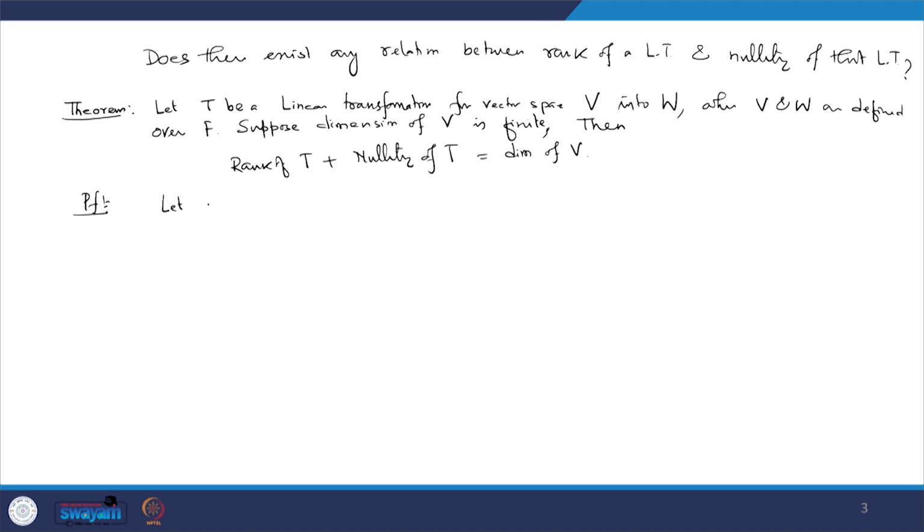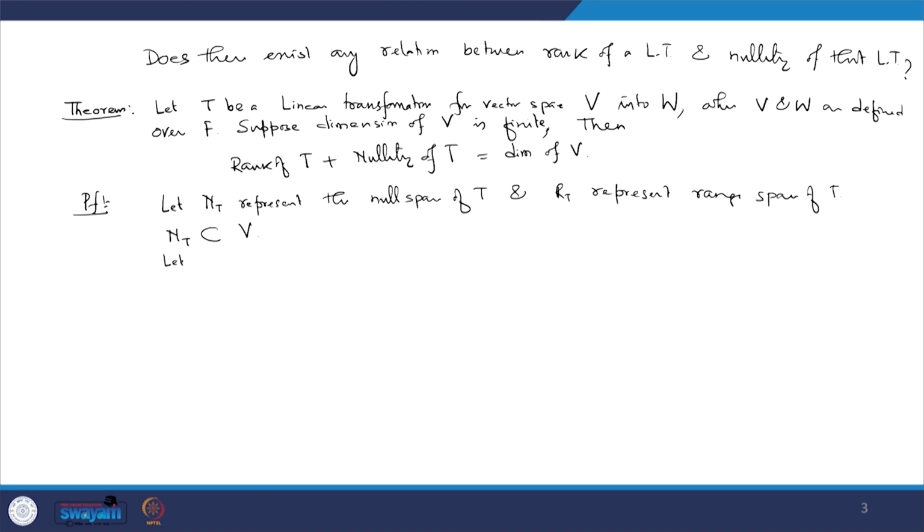Let NT represent the null space of T and RT represent the range space of T. Certainly NT will be a subset of V. Let the dimension of V be n, since it is given to us as finite.